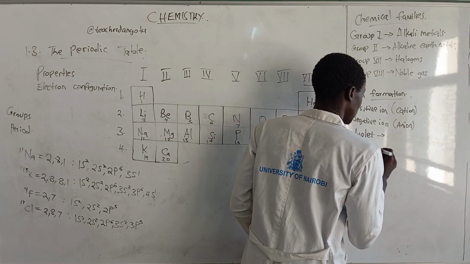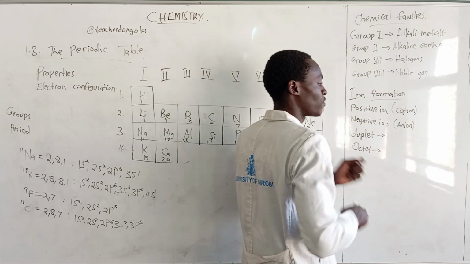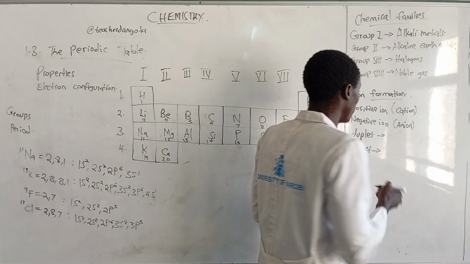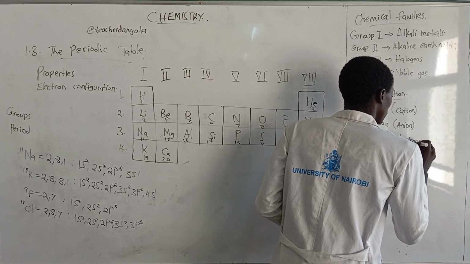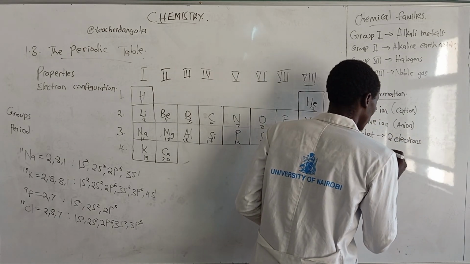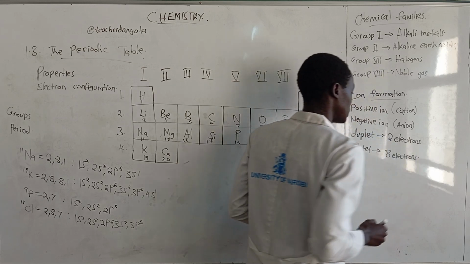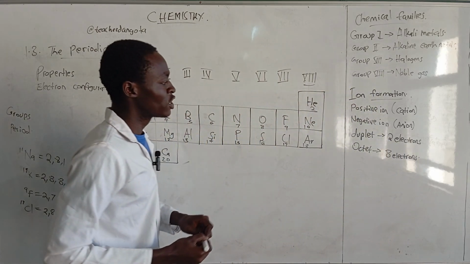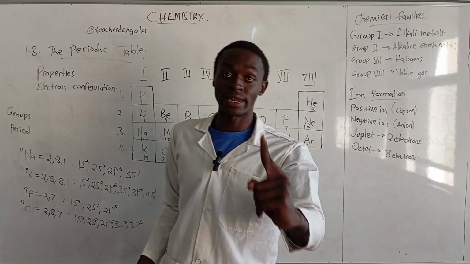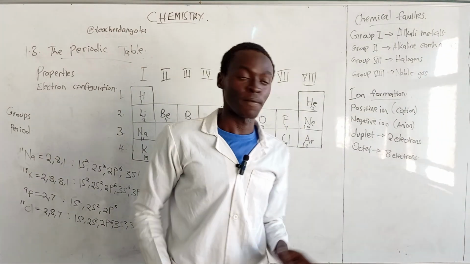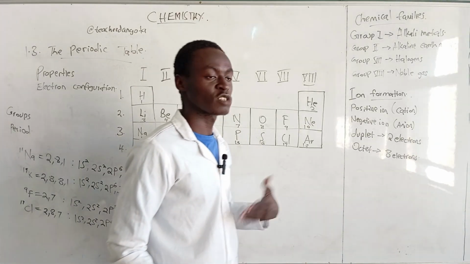A duplet is an atom that, in its stable form, has only 2 electrons in the outermost energy level, while an octet has 8 electrons in the outermost energy level. Those in duplet form have only 1 energy level, while those in octet form have more than 1.